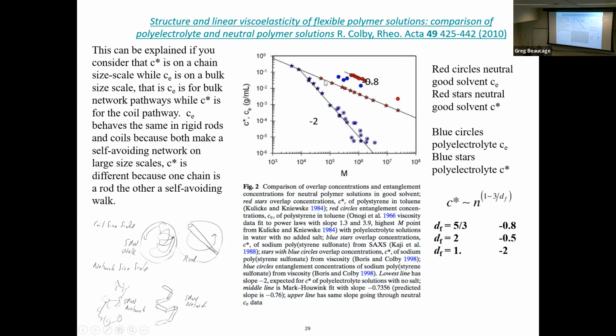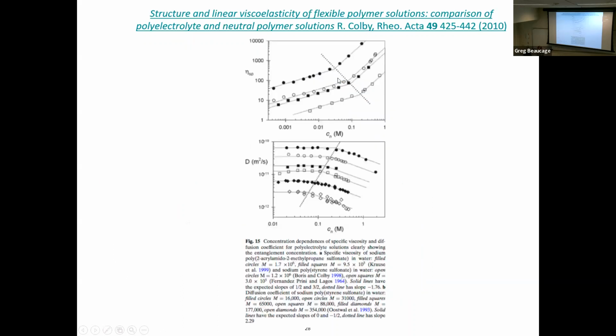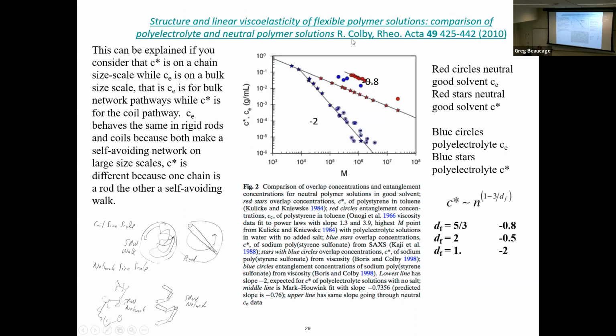The red stars are C star, so they follow this 0.8 for a good solvent. The 1 minus 3 over df gives 0.8, and the red circles are CE, so the entanglement matches pretty well. In other words, they follow the same trend in molecular weight, this 0.8. He's measuring that by doing a concentration series and finding where that thing cuts off.